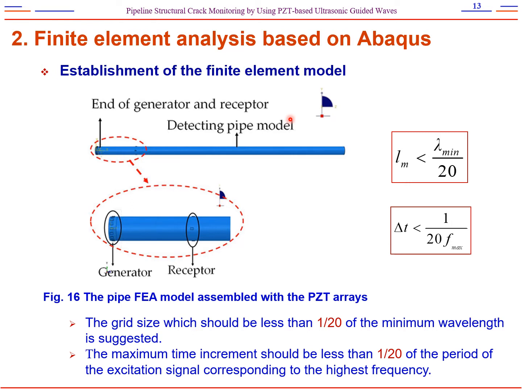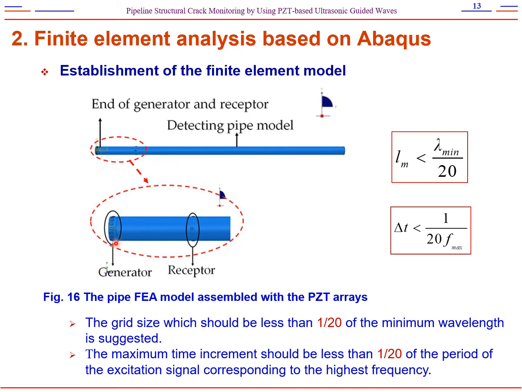The distance between the generator array and the sensor array is 50 millimeters. The pipe FEA model assembled with the PZT array and the sensor is shown in Fig 16.